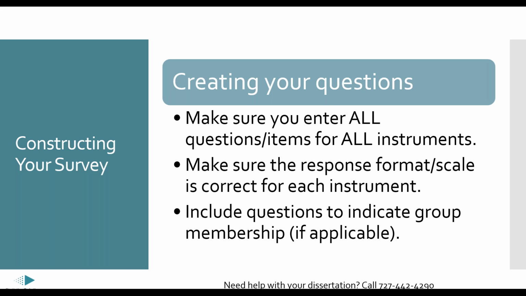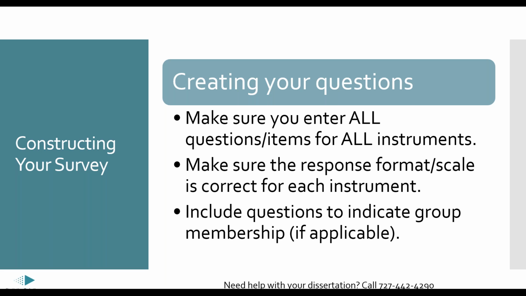And then finally, you want to make sure that if you have any grouping variables in your study, you have questions in your survey that indicate group membership. So for instance, if your study is about people in the field of education, and you're doing a comparison of principals and teachers in their survey responses, then you want to make sure that you have a question in your survey that asks the participant if they're a principal or a teacher.